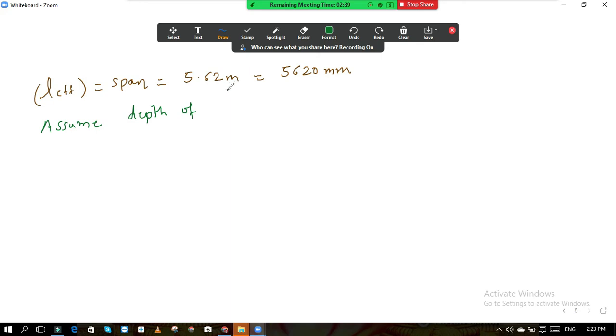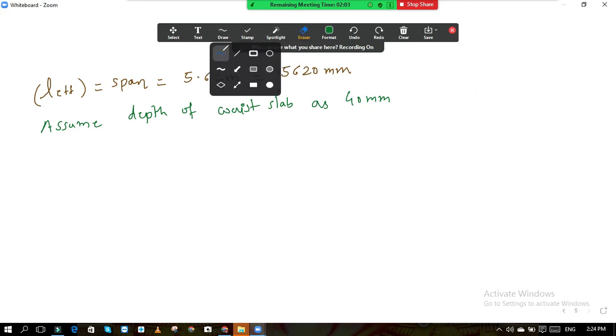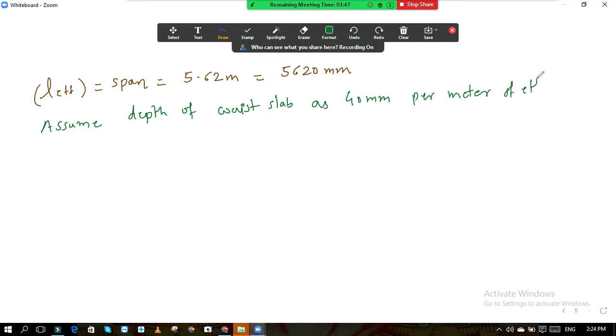Assume depth of waist slab as 40 mm per meter of effective span.